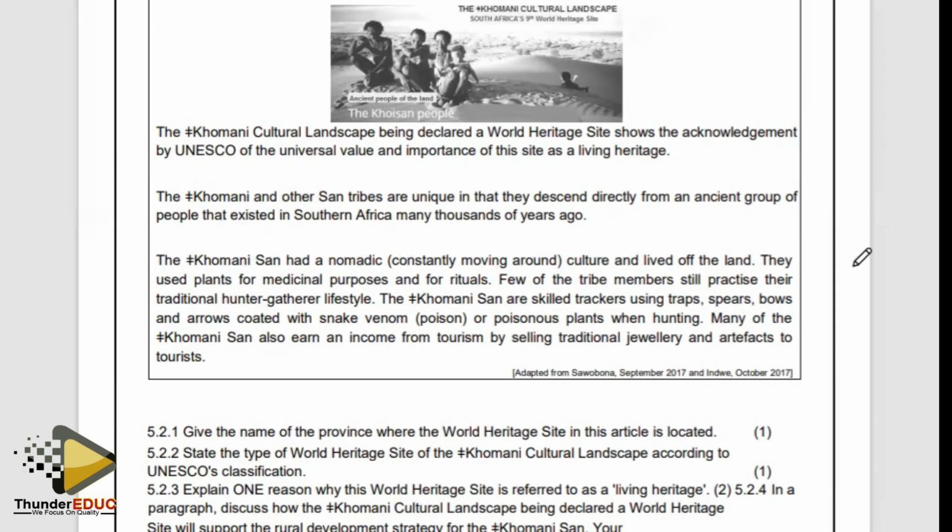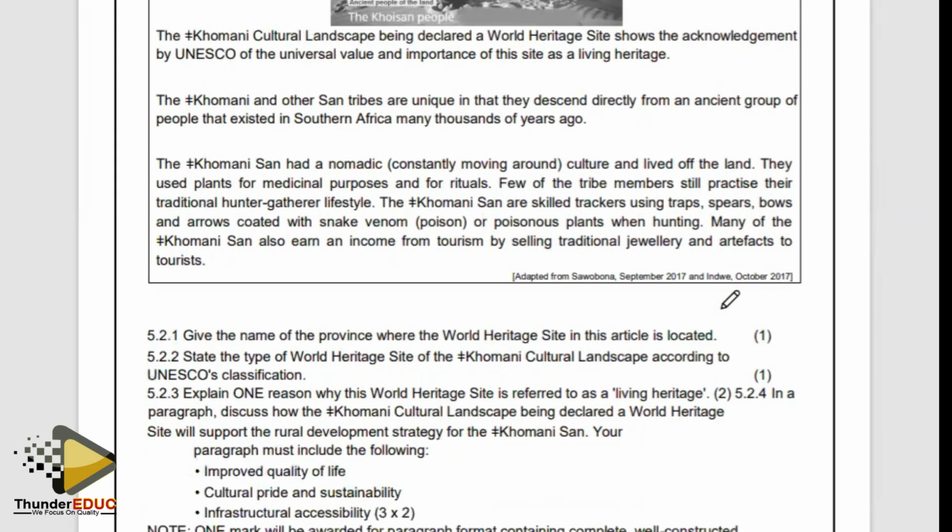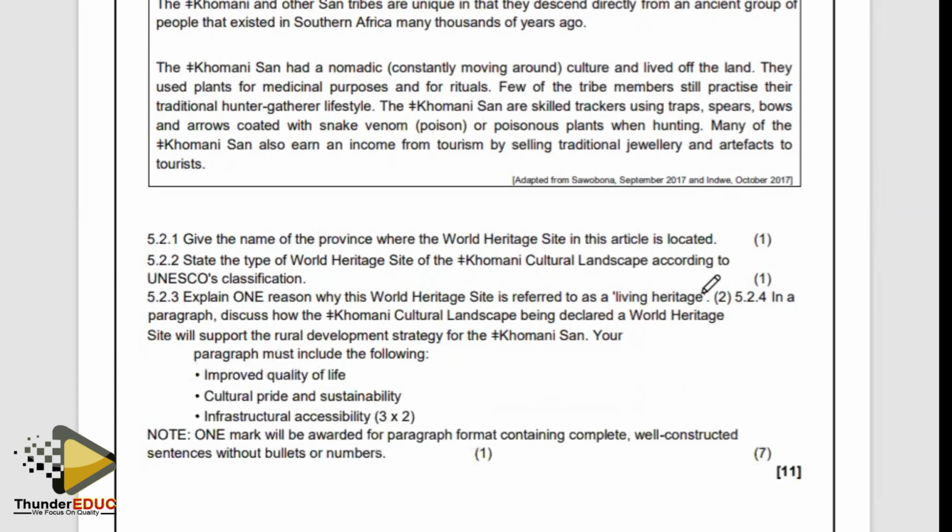They used plants for medicinal purposes. Few of the tribe members still practice their traditional hunter-gatherer lifestyle. The Khomani San are skilled trackers using traps, spears, bows, and arrows coated with snake venom or poisonous plants when hunting. Many of the Khomani also earn an income from tourism by selling traditional jewelry and artifacts to tourists.